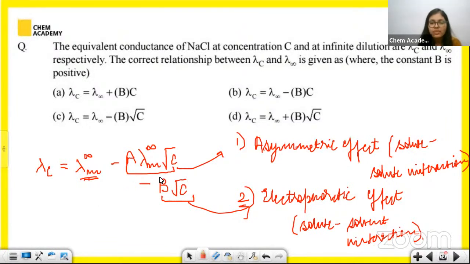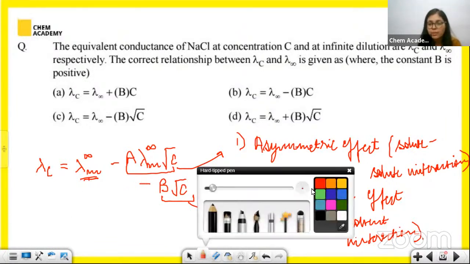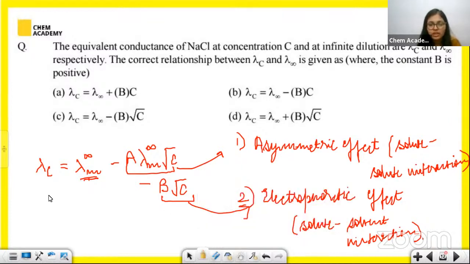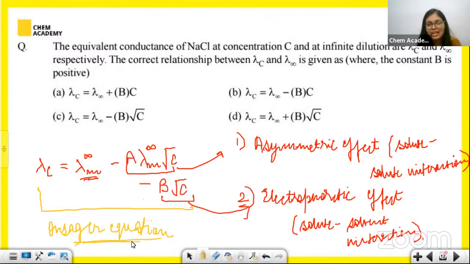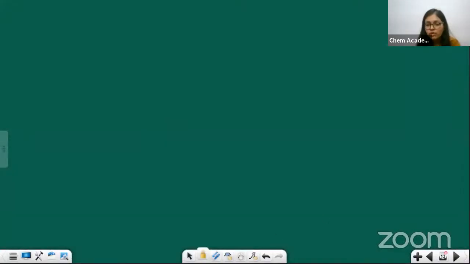This entire equation is known as the Onsager equation.